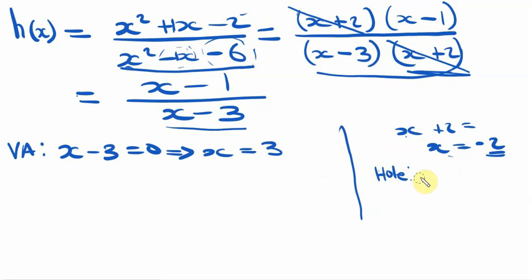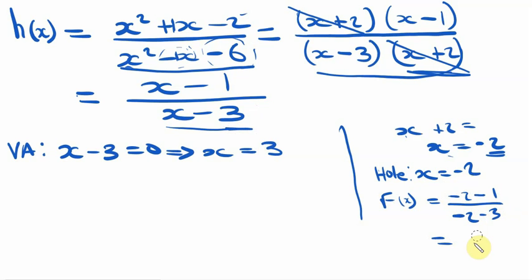So the hole is located at x equals minus 2, but then we need to find the y value for the hole. Let's use the simplified equation to find it. It's going to be minus 2 minus 1, which is minus 3, divided by minus 2 minus 3, which is minus 5.